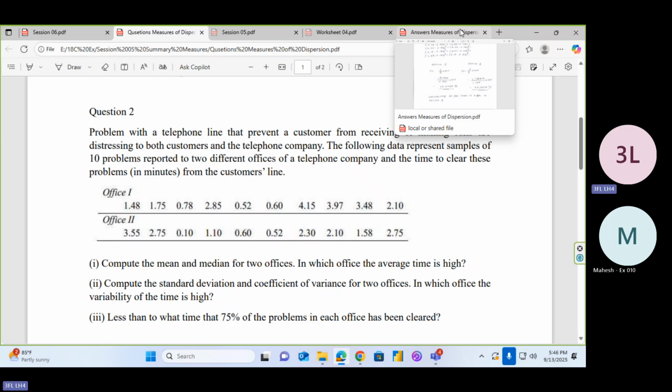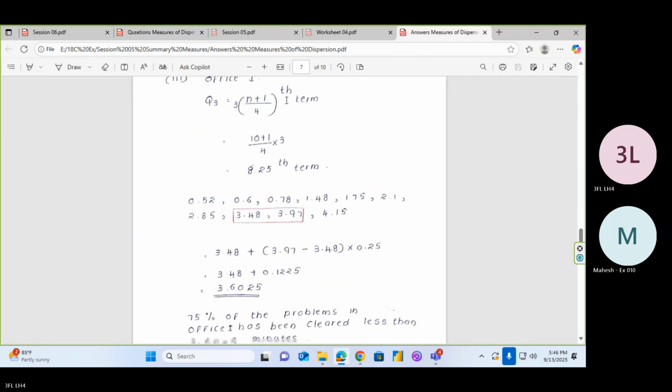There are 10 observations, so (10 plus 1) divided by 4 into 3. Third term, sorry. For office 1, it means 8.25th term you need to find out. Both offices have 10 observation values.